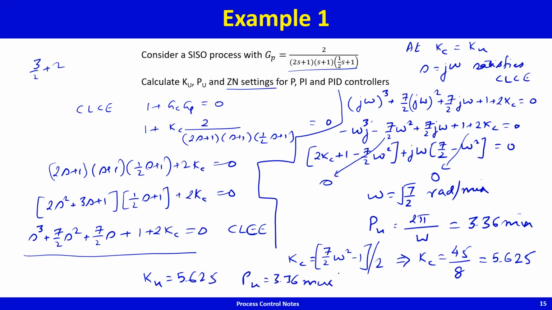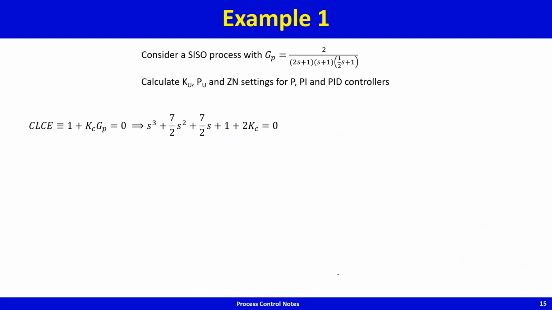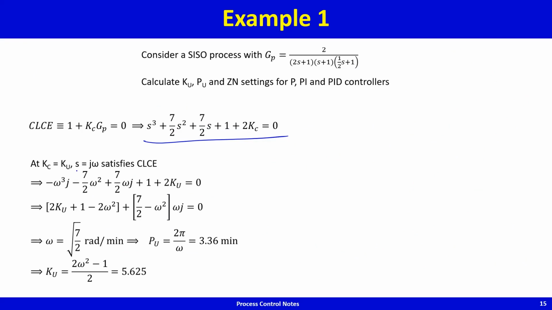And now we can apply the Ziegler-Nichols tuning rule to obtain the settings from Ku and Pu. Just look up the table and do those things. I will not do that and waste your time. I'll simply present the results. So in summary, we obtained the closed loop characteristic equation. For ultimate gain for sustained oscillation, s equal to j omega must satisfy the characteristic equation.